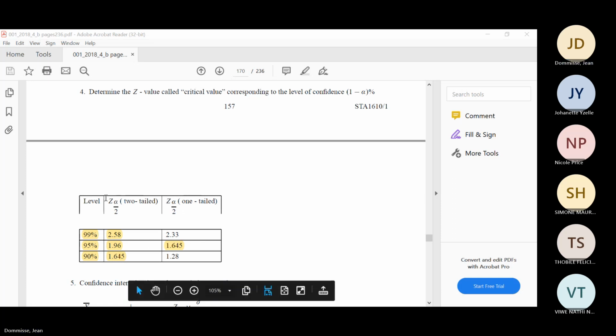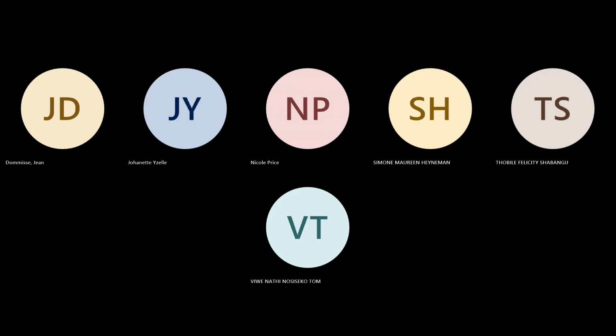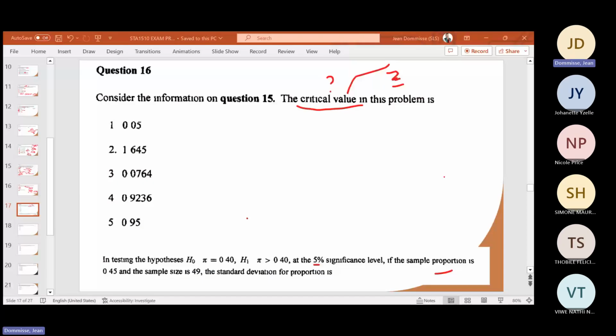Look at two tail. Normally, the 95% is 1,96, and for one tail it is 1,645. Let's go back to the question. We are looking at the 5%, so it can be 1,96 or 1,645.